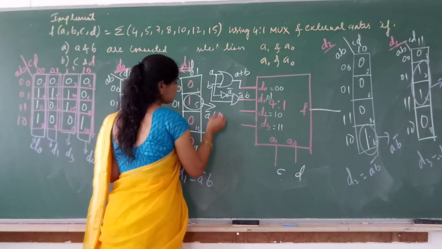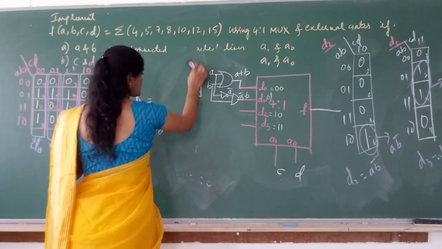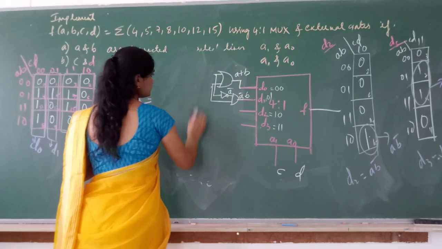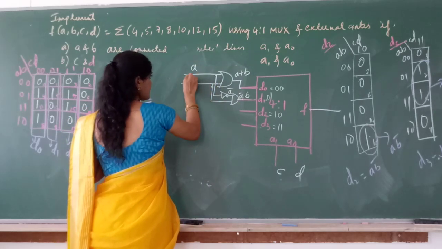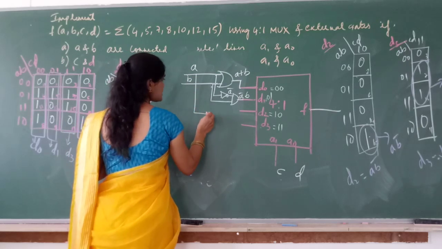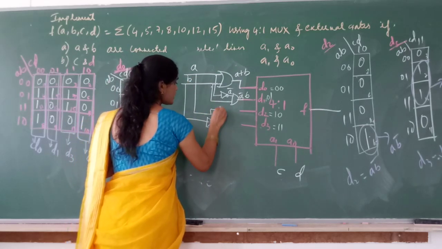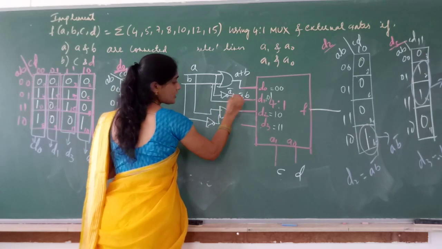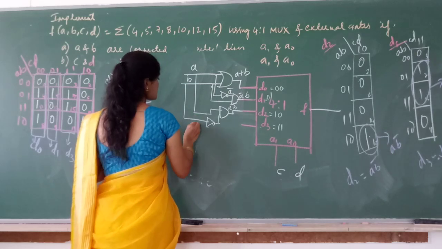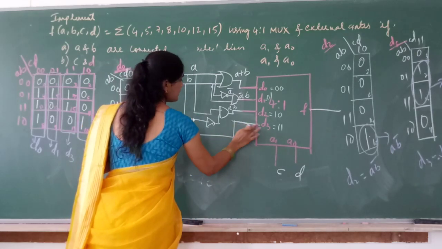A B bar. So this is A. This is B bar. Connect this to an AND gate and give that output to D2. What is D3? D3 is just B.